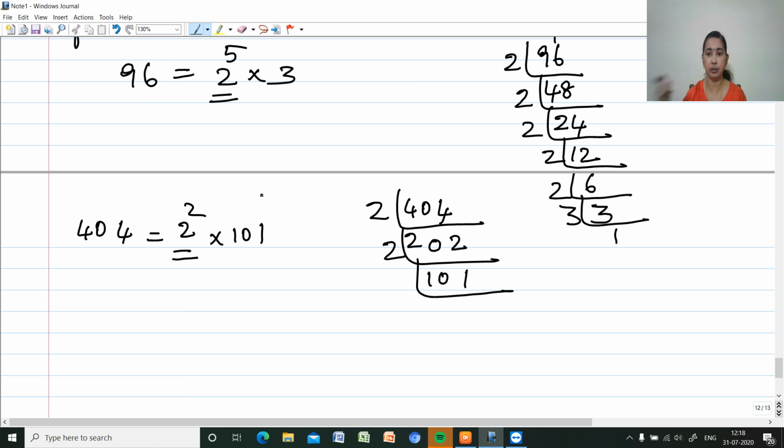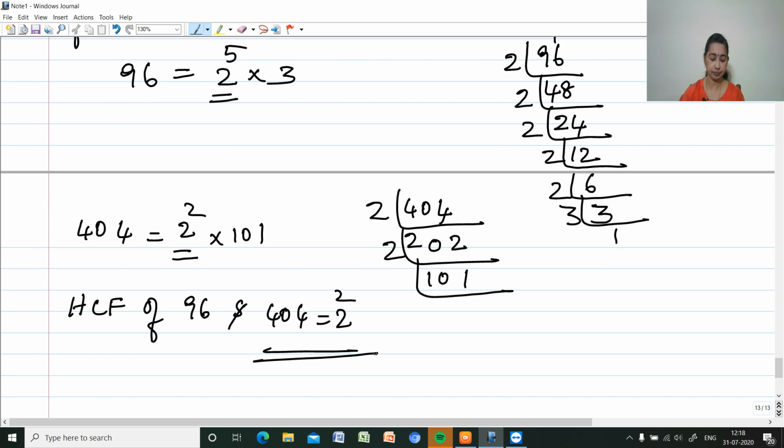Remaining 3 and 101, there is nothing in common. So we have to find only what is common in 2 square and 2 raised to 5. The common term will be 2 square. So we can say that HCF of 96 and 404 is equal to 2 square.